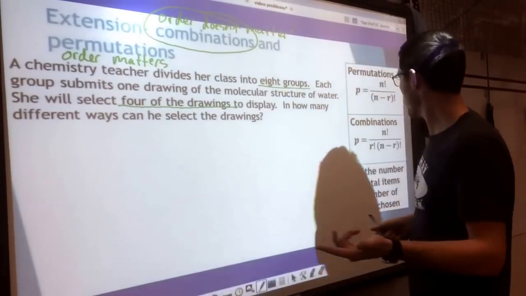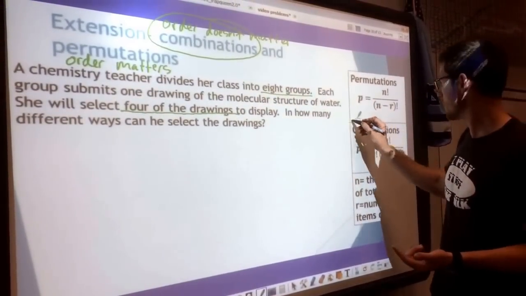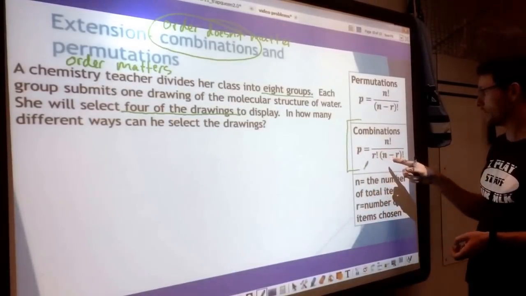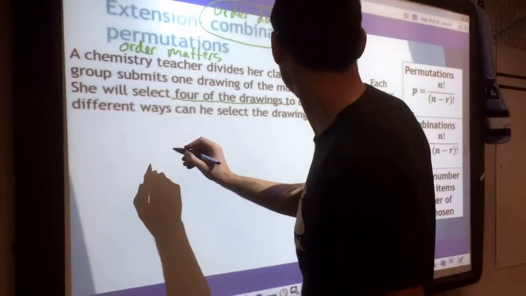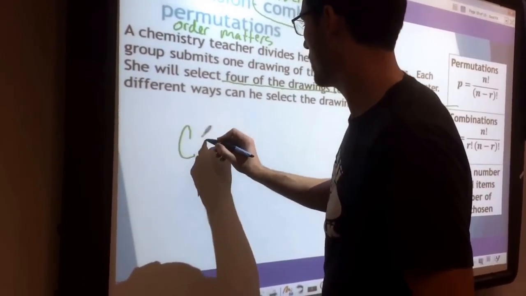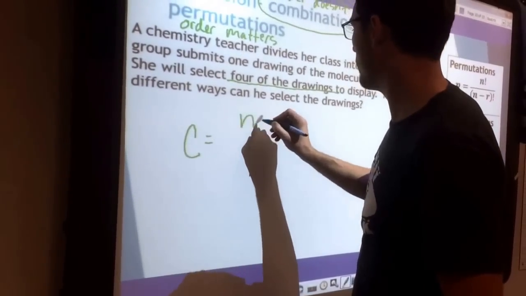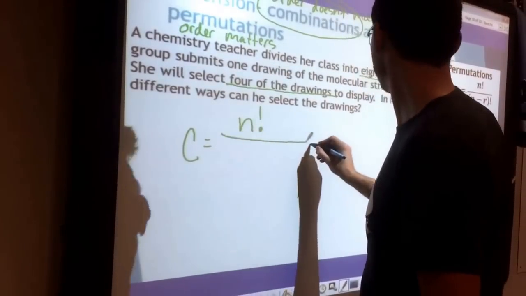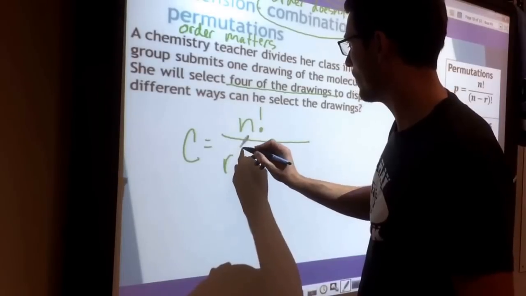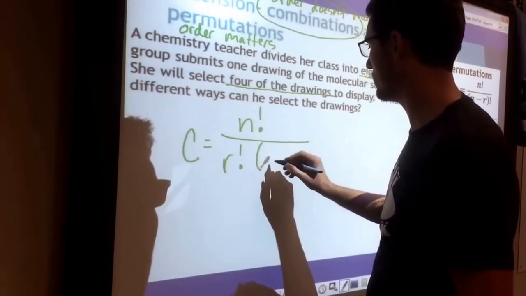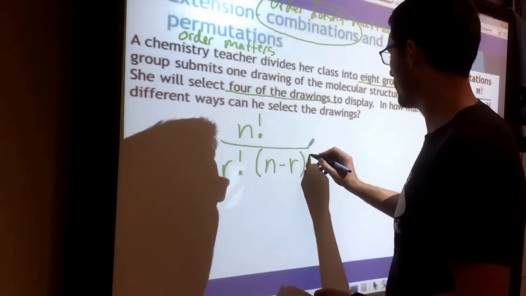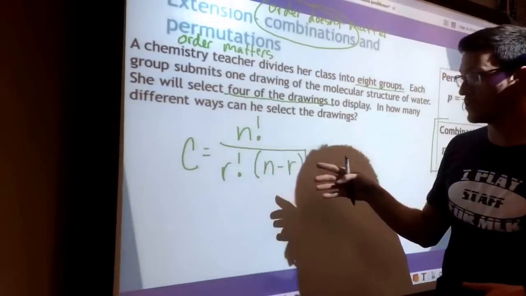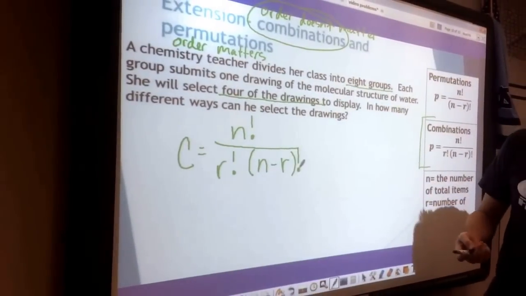Okay? And that means that we're going to need a different equation. So in this case, we're going to be using this combination equation. It's all the same variables, it just looks a little bit different. So to find a combination, we're going to use n factorial divided by r factorial times n minus r parentheses factorial. So this equation is exactly the same as the one that Mr. Bakke used.